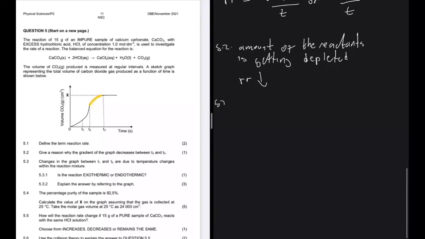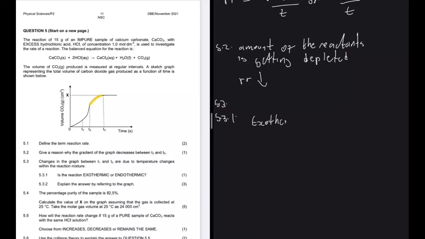We have 5.3.1, and it says changes in the graph between T1 and T2 are due to temperature changes within the reaction mixture. And then 5.3.1 says, is the reaction exothermic or endothermic? The reaction is exothermic.